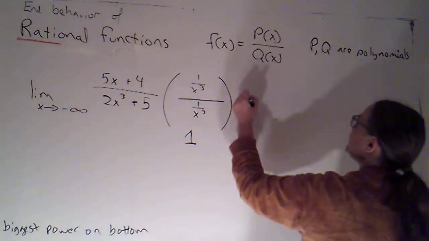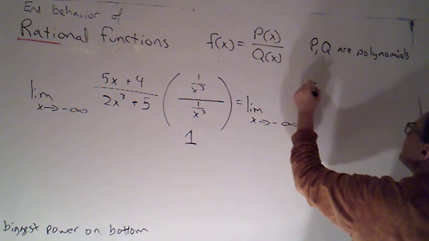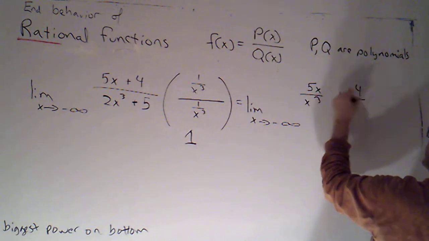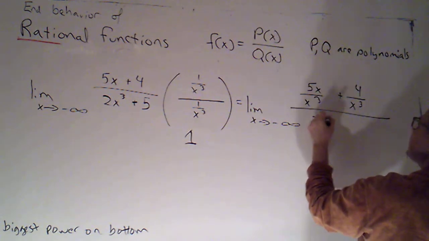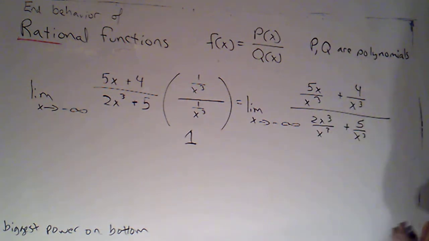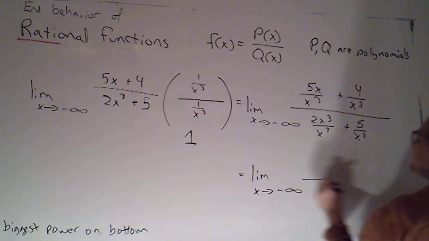All right, so this becomes the limit as x goes to negative infinity of 5x over x cubed plus 4 over x cubed, over 2x cubed over x cubed plus 5 over x cubed. So that's the limit as x goes to negative infinity.